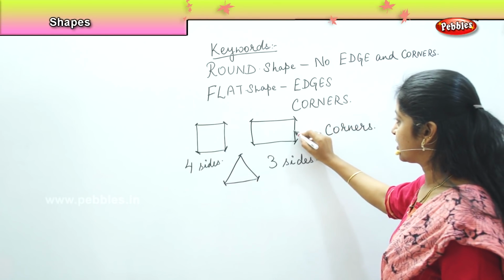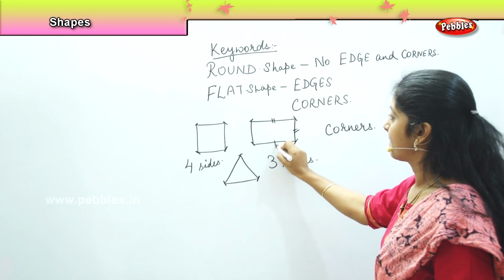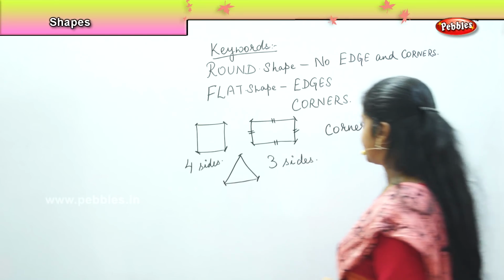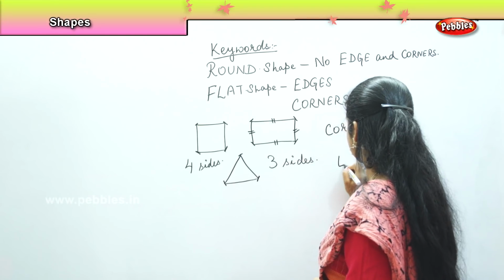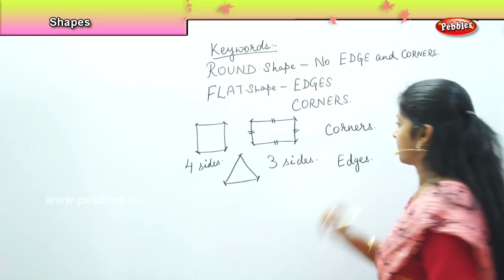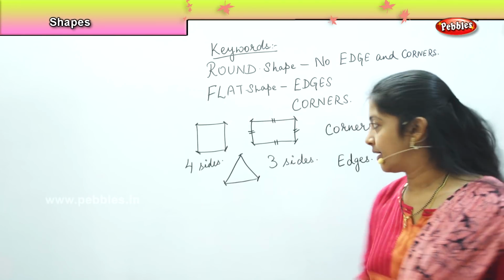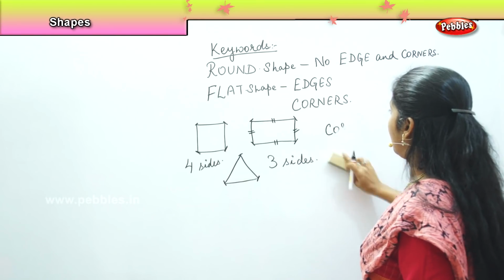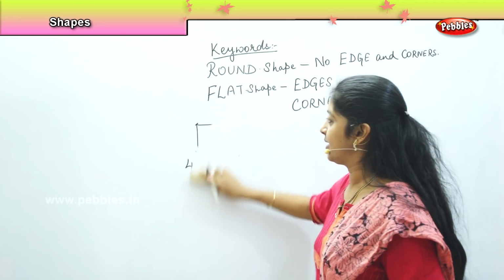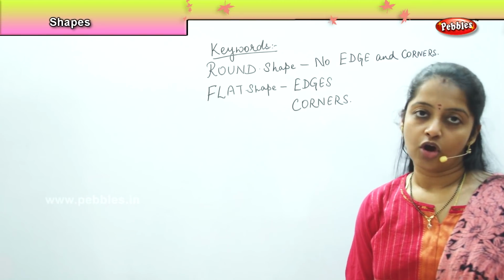And these portions are called edges. To make it more clear, I will draw a bigger diagram so that it is clear which is the edge and which is a corner.